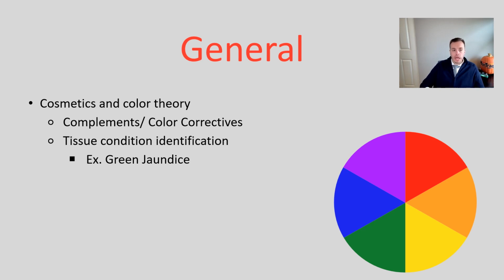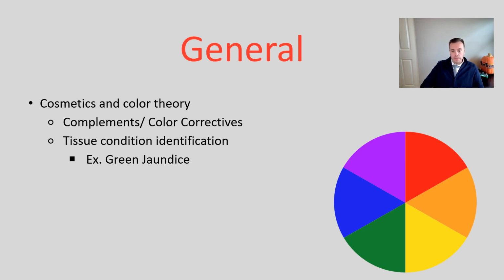Now, how do we apply it? All right. Well, got to remember your complements and how the color correctives are applied there, right? So generally, when we have a color corrective, this is why we learn about complements, so you know the opposite to cancel it out. So in my example, we have the green from jaundice post embalming.